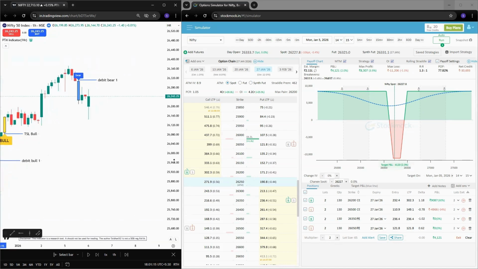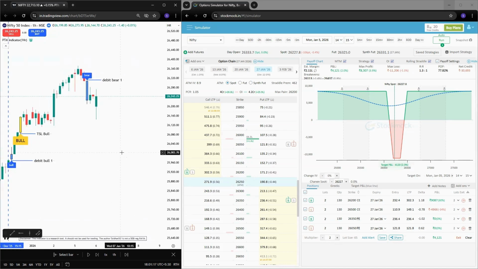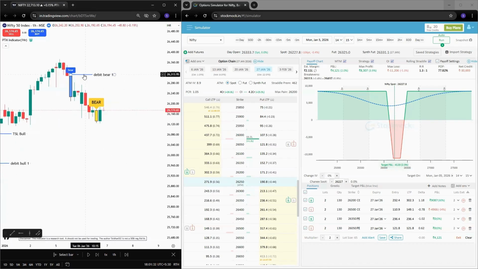Okay, now let us move on. Let's continue. Let's fast forward and see what happens. This is my stop loss, hard stop loss. Till now, trailing stop loss option has not come for the bearish trade. Let's move forward. Okay, so here what do I have? I have a new bear signal. I have a new big bear signal, right?